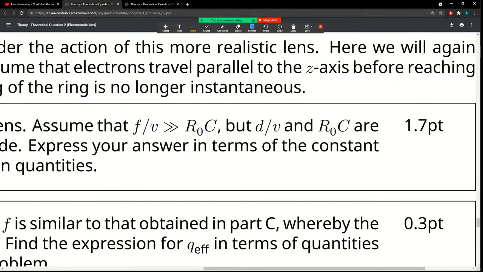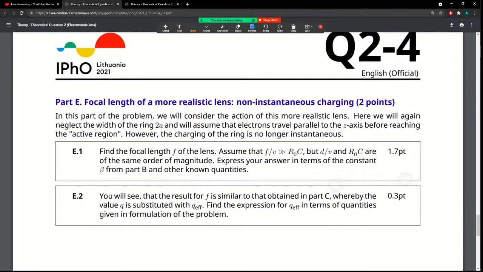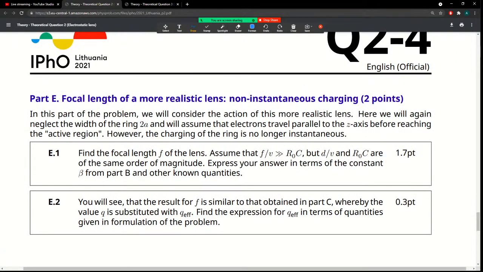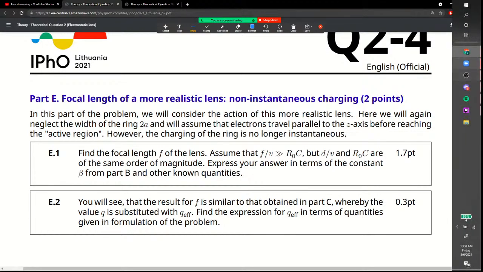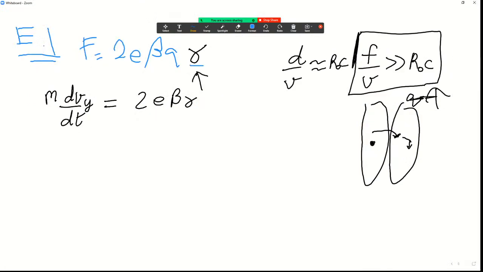So d over v is approximately equal to r naught c. That doesn't really do anything though. Or we can just calculate, and if we see this quantity, then we can neglect it mathematically instead of physically thinking. Sure.